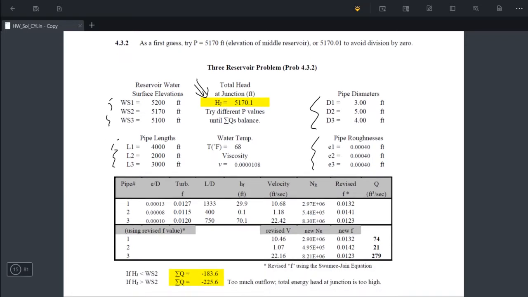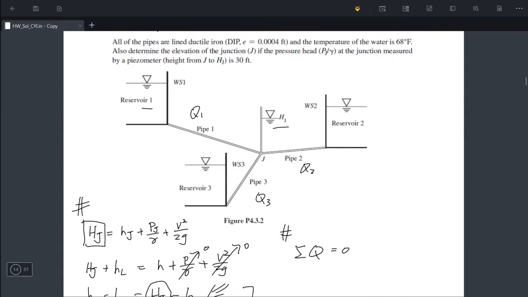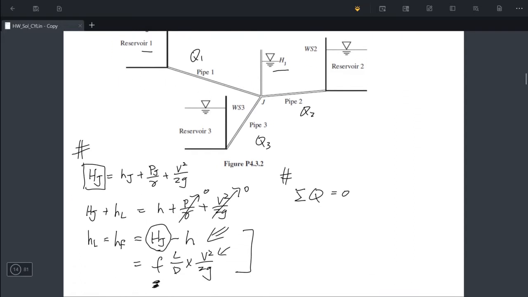Okay, so how do we make this assumption? How do we gauge the total energy at the junction, this Hj? We know this total energy should have a value between the maximum energy among those reservoirs and the minimum energy among those reservoirs.